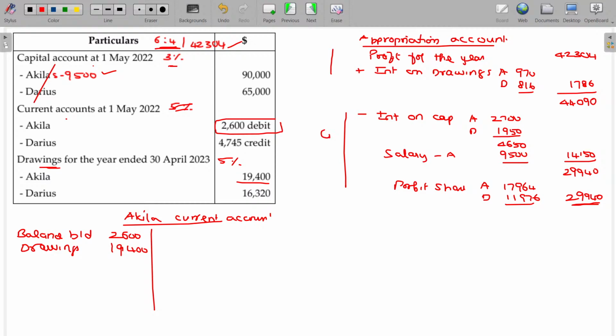This value in the credit side. So interest on drawings, for Aquila 970. And thereafter interest on capital, salary and profit share for Aquila are going to be posted.